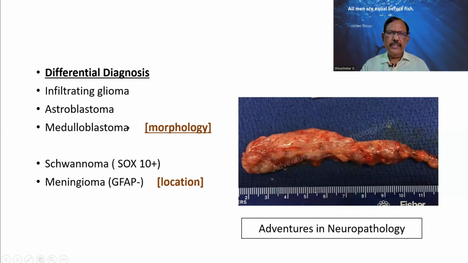These are all having a cellular morphology that is similar to the blastemal cells or undifferentiated cells. Schwannoma and meningioma, on the contrary, are because of the location. Look at this one. This can mimic a schwannoma or even a meningioma in the spinal cord. GFAP is negative in meningioma. SOX10 is positive in a case of schwannoma.